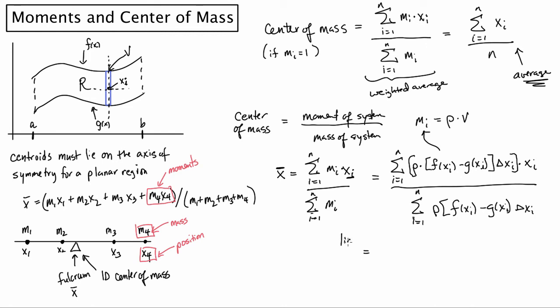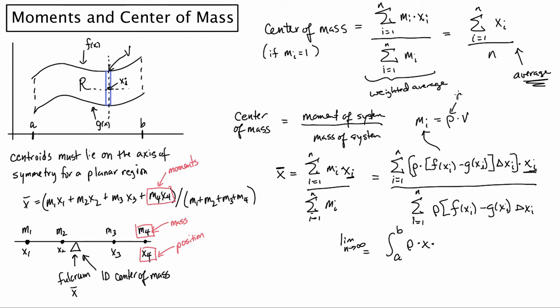So if I let the limit as n goes to infinity, these turn into integrals. In particular, the integral of the top would be the integral from a to b of rho times x sub i becomes x.